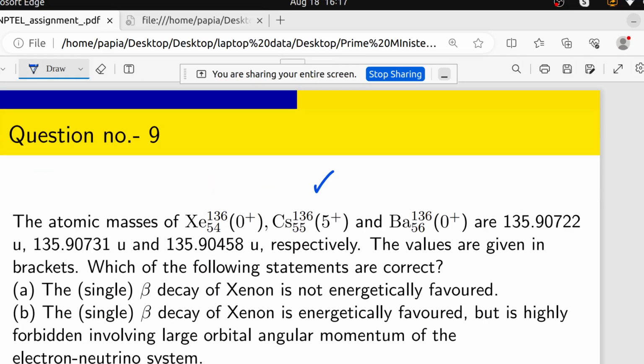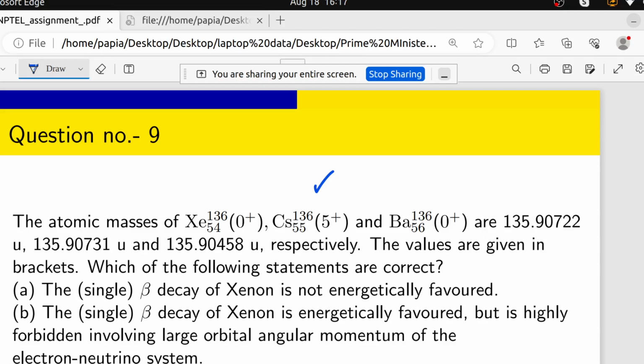Okay, now coming to the last question. Just see the last question. It's a little bit tricky question, so that's why I need a little bit more time on that. So in that last question, what is the question? The atomic masses of xenon 54, 136, it has spin-parity value 0 plus.